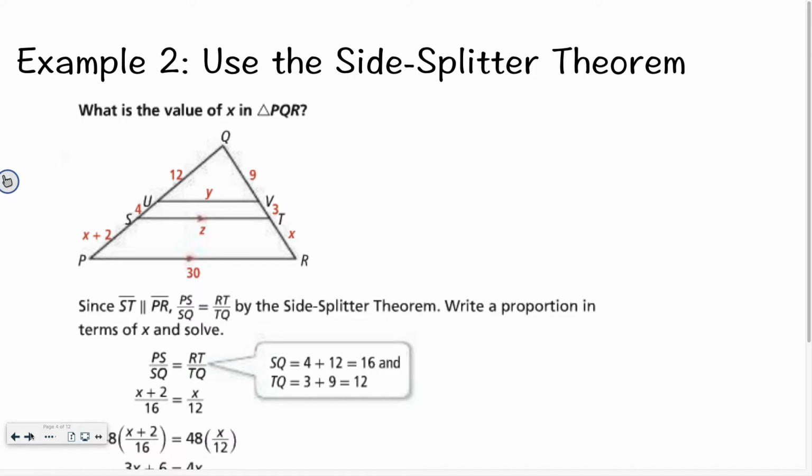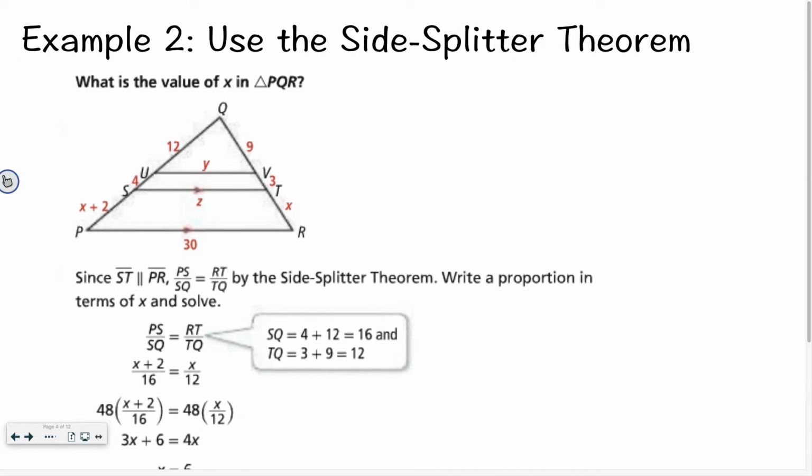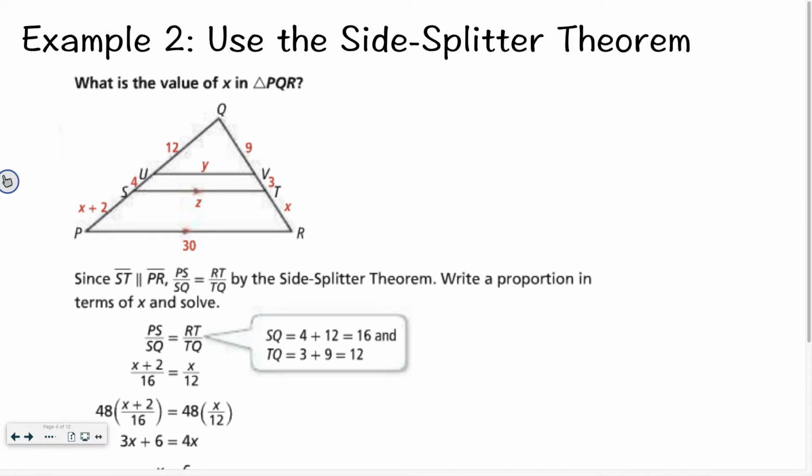All right, example 2, if we want to use the Sidesplitter theorem. The Sidesplitter theorem is when you are trying to find different side lengths. So we have, what is the value of x in triangle PQR. You can see we have x listed in 2 different spots.